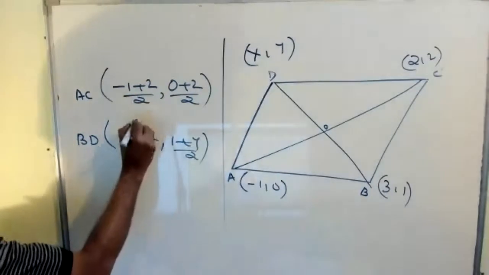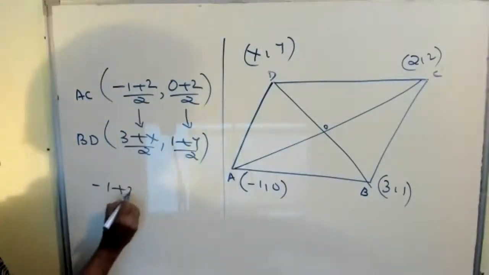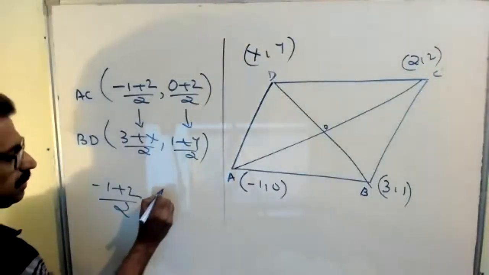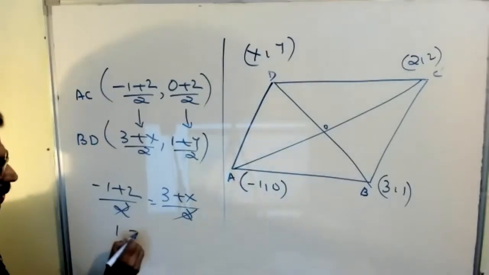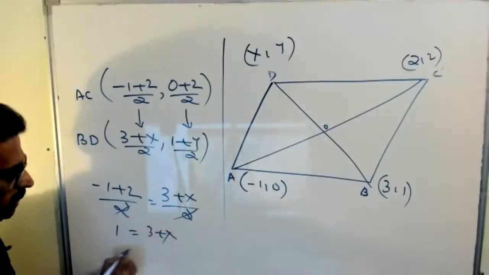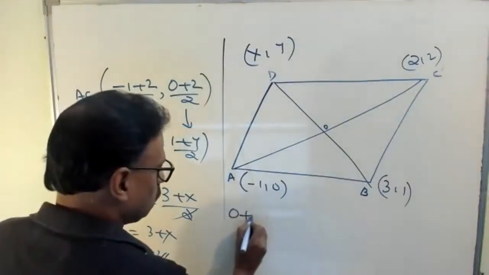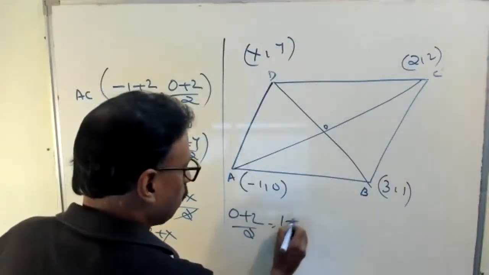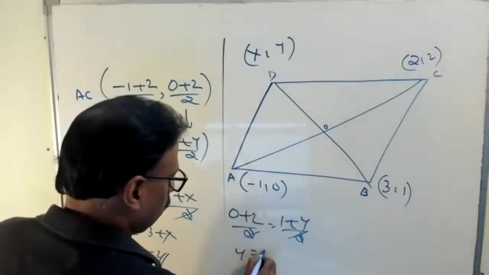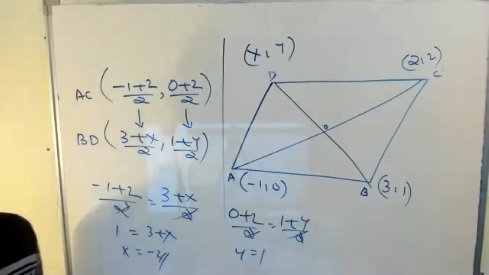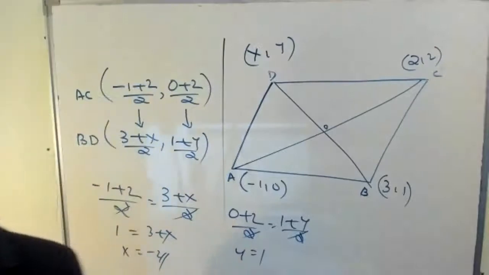Okay, equate this. -1 plus 2 by 2 equals 3 plus x by 2. 2 cancel. 1 equals 3 plus x, so x equals -2. Then 0 plus 2 by 2 equals 1 plus y by 2, cancel. Y equals 1. So the coordinate is -2, 1.